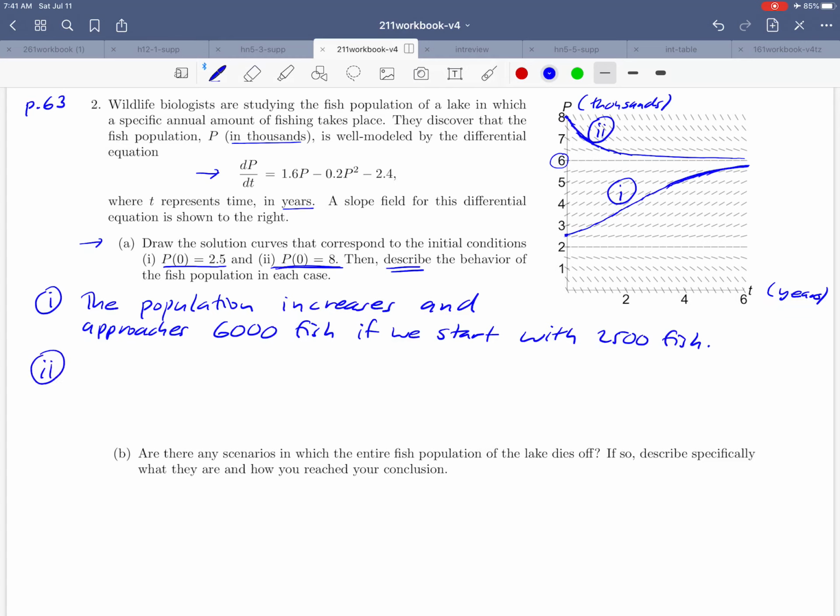So how would we describe what's going on there? Well, if we start with 8,000 fish, we can see that the population decreases. That curve that we just drew is going down.